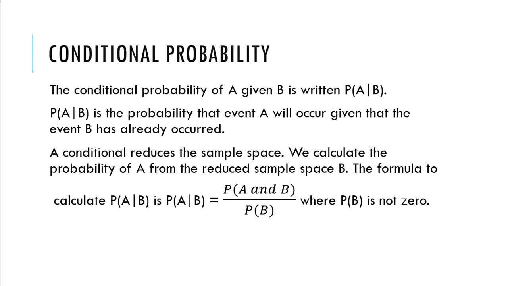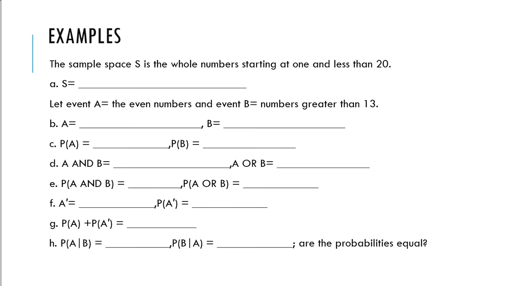So that's how you have to think of it. It's a reduction of the sample size. We calculate the probability of A from the reduced sample space B. The formula is the probability of A given B equals the probability of A and B over the probability of B, where the probability of B is not 0.